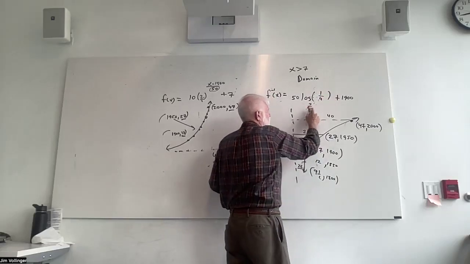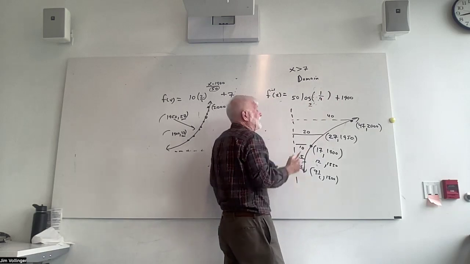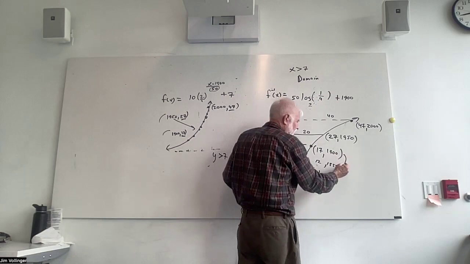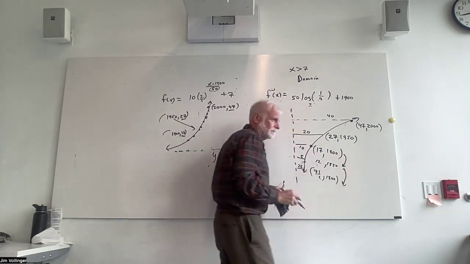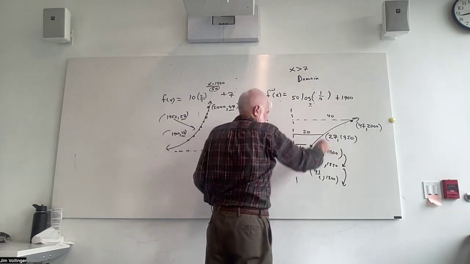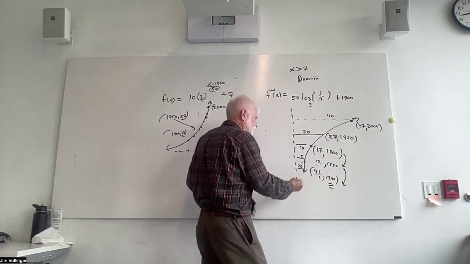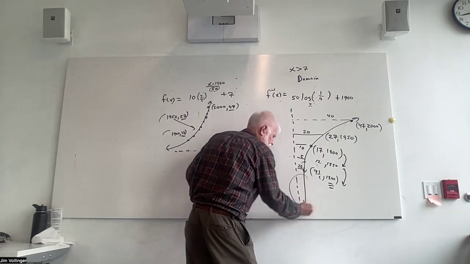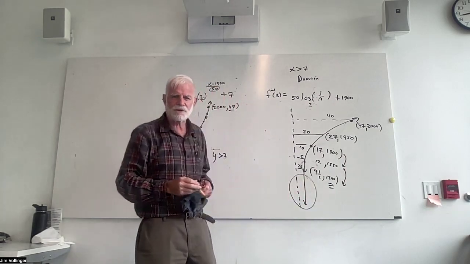And what's the exponent you put on top of 2 to get a 4th? -2. So what's happening? I'm going down 50 twice. Right? -2 times 50 minus 100 plus 1900. Right? And maybe that'll give you a better feel for this asymptotic behavior, which we haven't zeroed in on much.